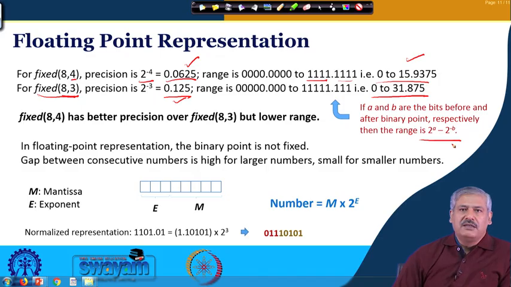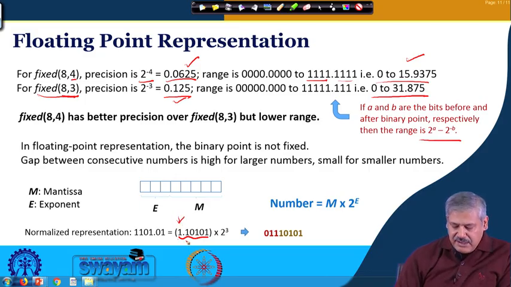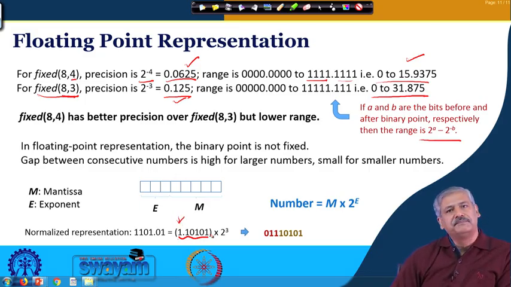Then came another representation, called floating point representation, where the binary point is not fixed. The binary point in the number, in the bits, can move to the left or to the right. The idea is that in a normalized version we will always have a 1 present here, and the rest is what comes after the fraction.